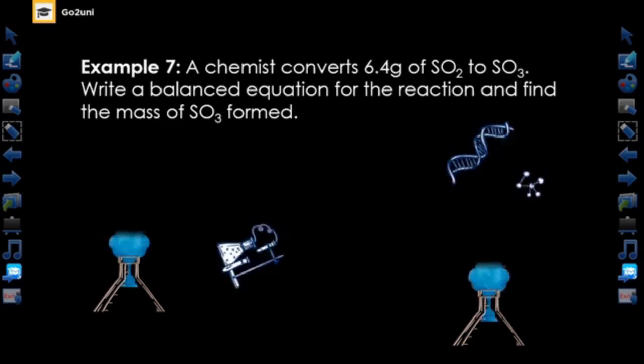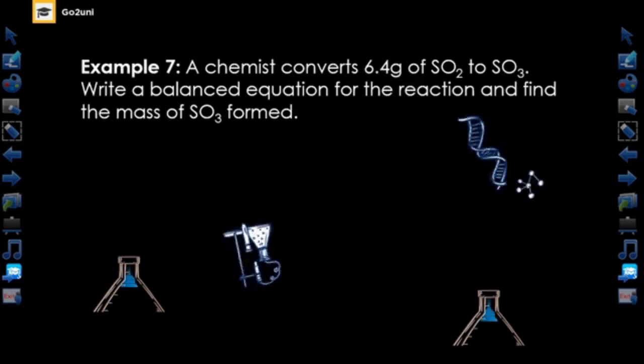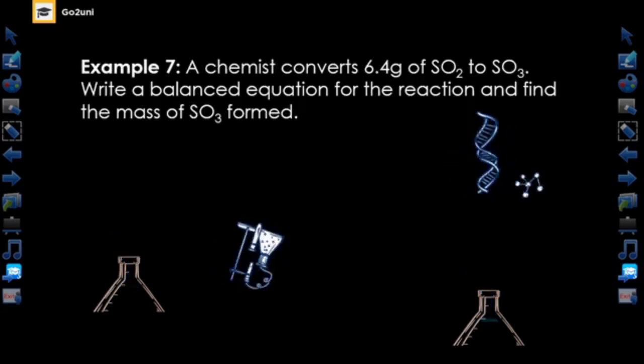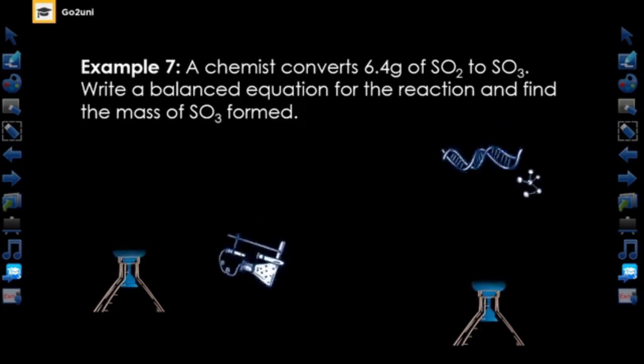We are told to write a balanced equation for the reaction and find the mass of SO3 formed. That is simple. So let us proceed.